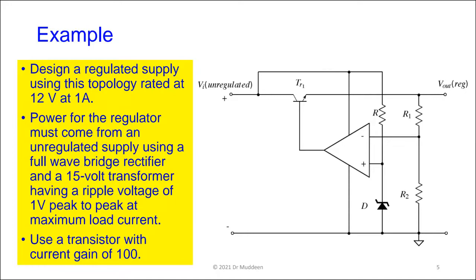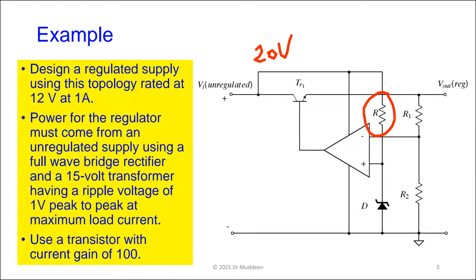Everything that we did yesterday, the first thing you do is calculate the value for the Zener resistor. As we did yesterday, the voltage here is going at 20 volts worst case at maximum load, 21 volts at minimum.